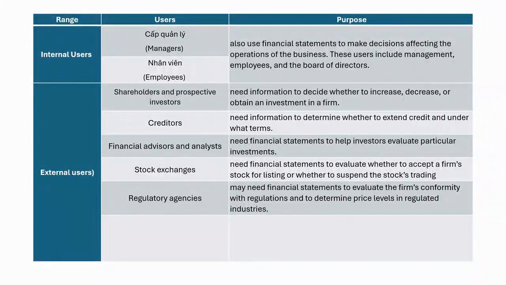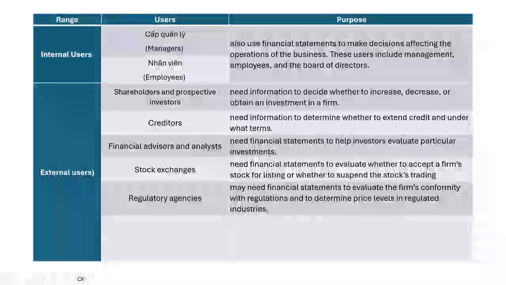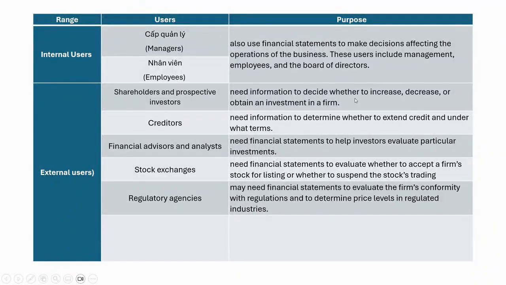And for external users, we can see that we separate them into 5 items. Shareholders and prospective investors need information to decide whether to increase, decrease, or obtain an investment in a firm. Creditors need information to determine whether to extend credit and under what terms.